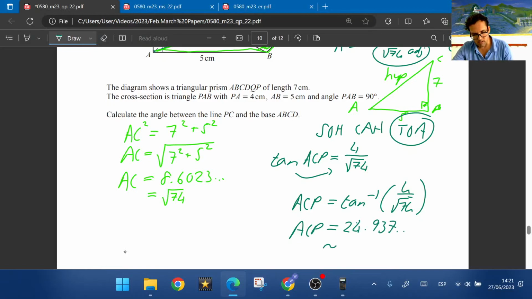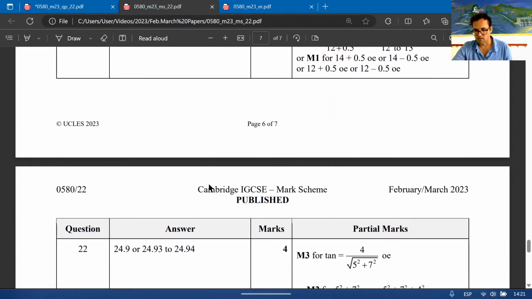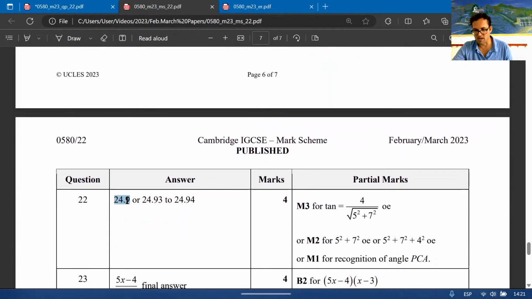Now we can round it. It's an angle, so we're going for 1 decimal place, 24.9 degrees. 24.9 or something less rounded.